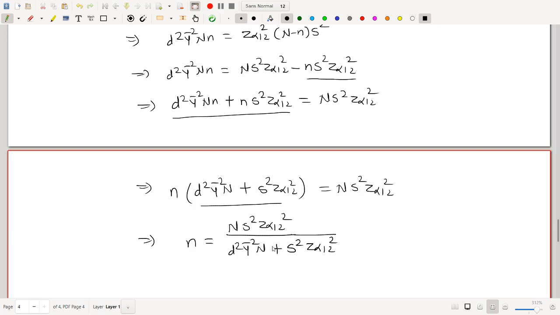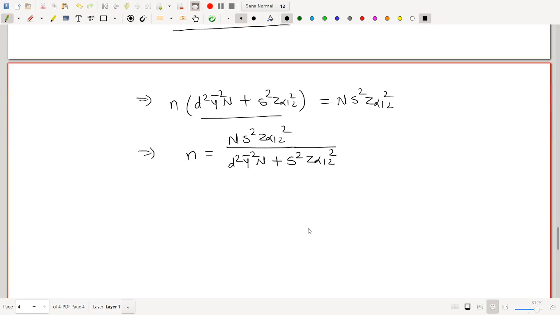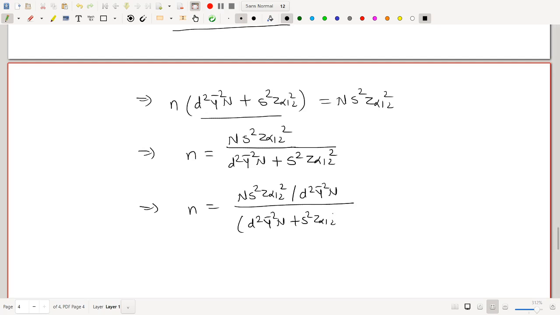Now divide throughout, in both the numerator and denominator, by d square Y bar square. After dividing the numerator by d square Y bar square, and the denominator also by d square Y bar square, this will get cancelled, then there is no change.